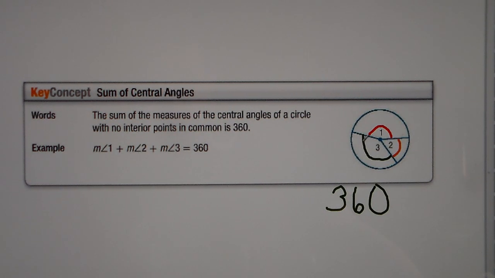So if angle 3 was 60 degrees, angle 1 was 200 degrees, and we had to find that last angle to make the 360, all we got to do is 360 minus the 60 minus the 200. So this orange one would have to equal 100 degrees, because all three of these angles have to add up to 360 degrees. That's what this is saying here, the sum of central angles.